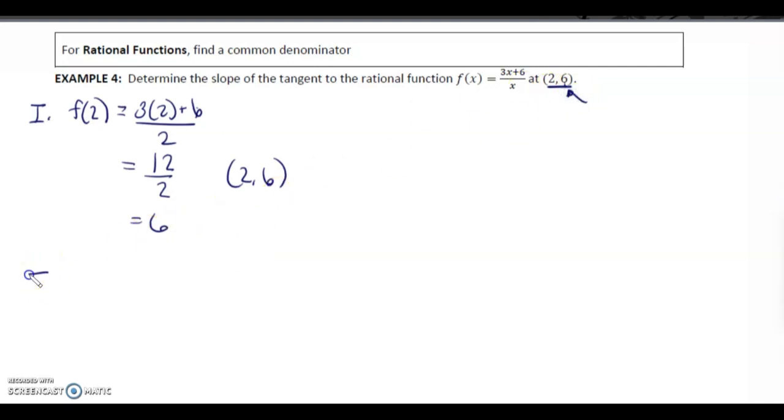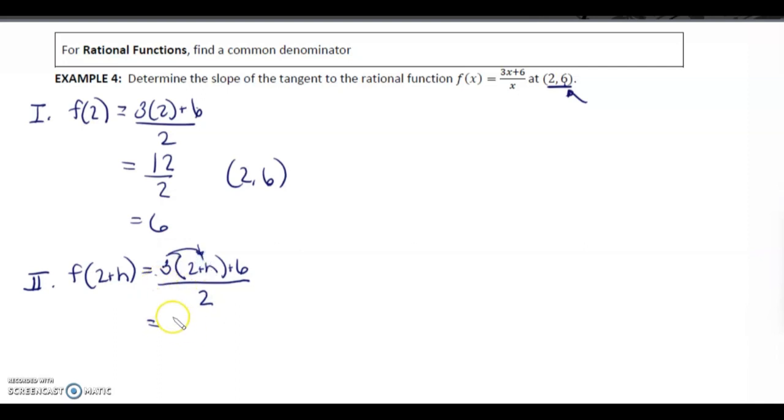Okay, now step 2, f at 2 plus h. So again, we're literally just subbing in 2 plus h where the x is. So we're going to go 3, and then instead of writing x, we're going to write 2 plus h, plus 6 over 2.